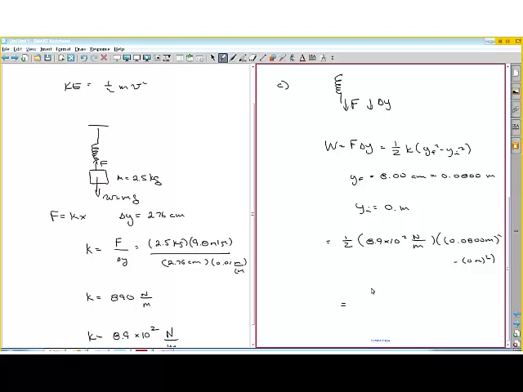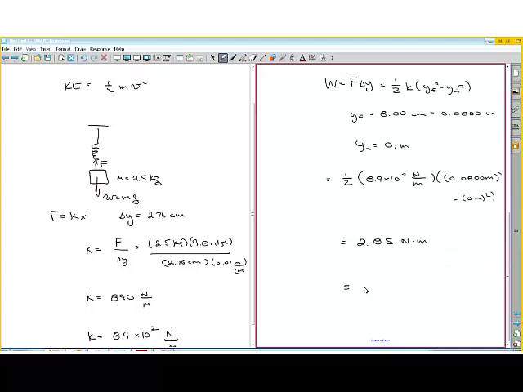Okay, so we have 8.9. Oops, I forgot the decimal point. 8.9 e to the second, 890, divided by 2 times 0.08 squared. And I get 2.85 Newton meters. Newton times meters.